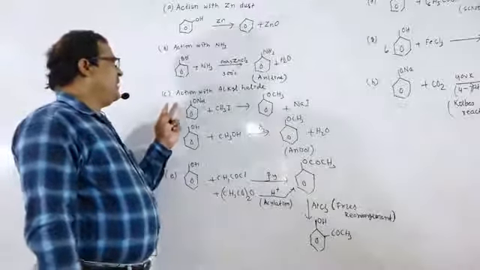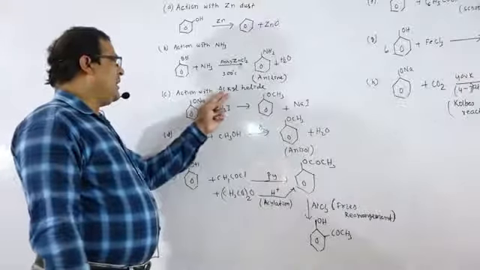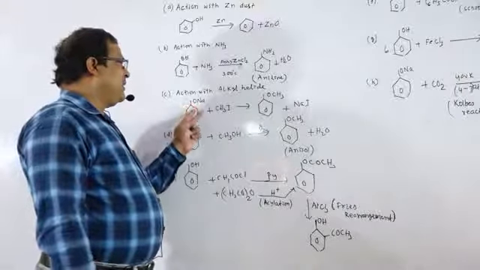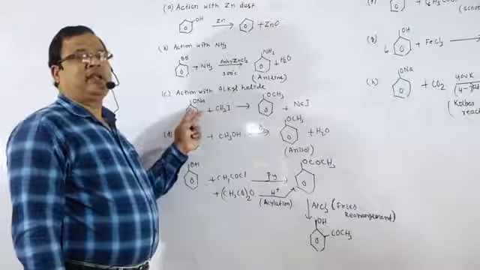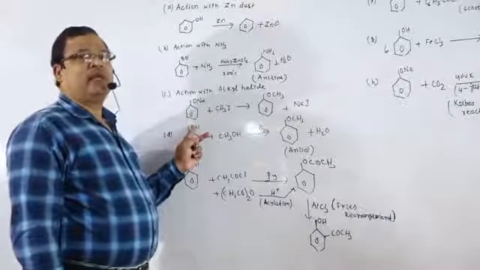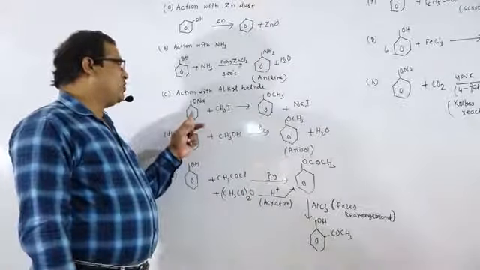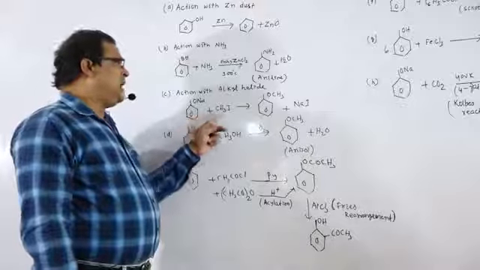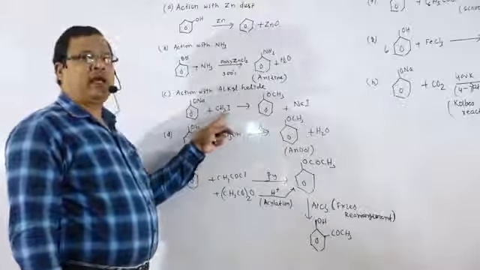Next we will see the reaction of alkyl halides. Alkyl halides react with the sodium salt of phenol, that is sodium phenoxide, also known as sodium phenate. Sodium phenate reacts with an alkyl halide, that is methyl iodide.